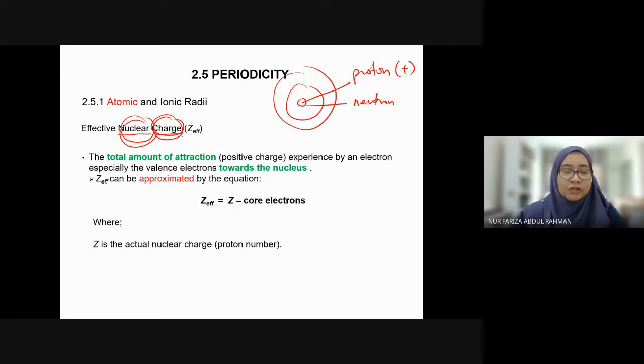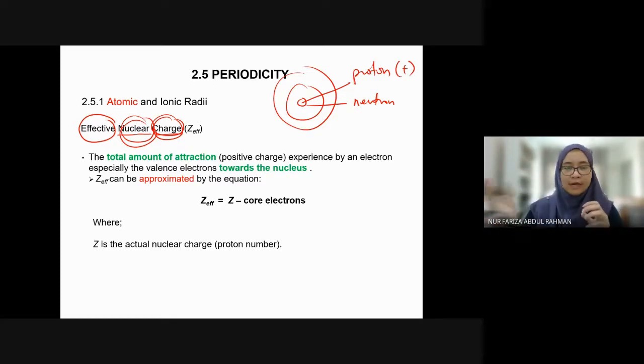Okay, the nucleus charge. But when we have "effective" at the front of the term, the name of the nuclear charge here, it means the charge felt, the charge or the attraction felt by the valence electron. Remember, it's all about valence electron, the attraction between nucleus and the valence electron. Because these valence electrons, they come and go, betul tak?